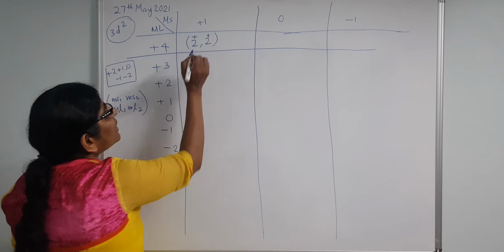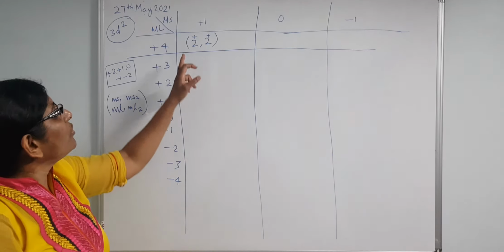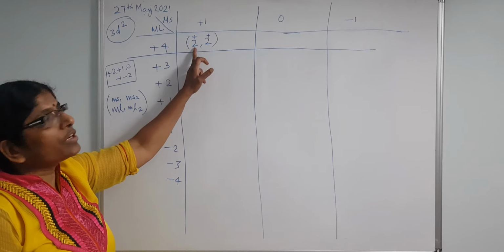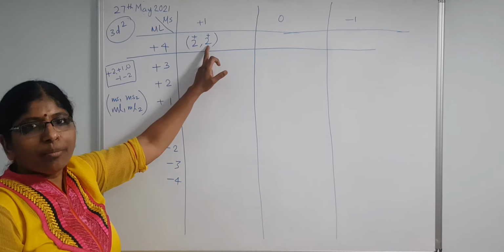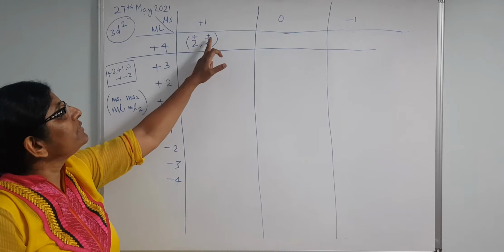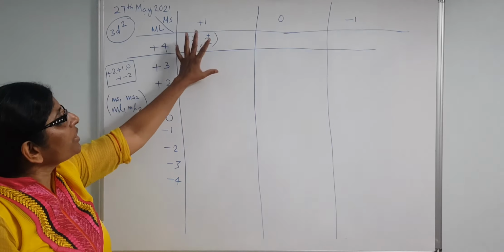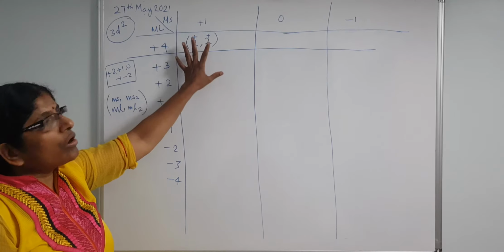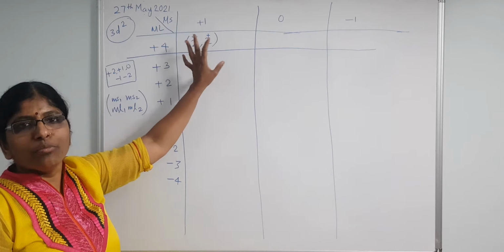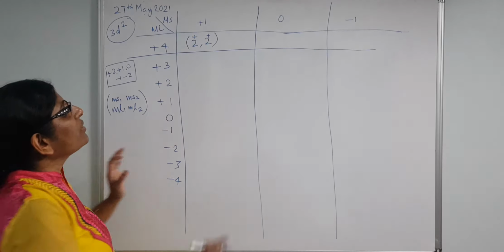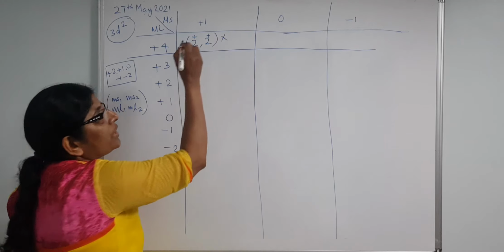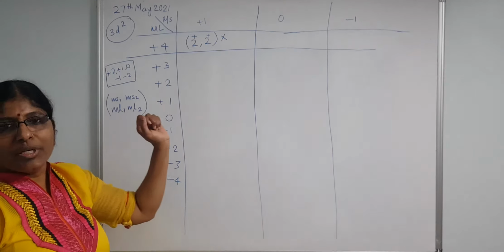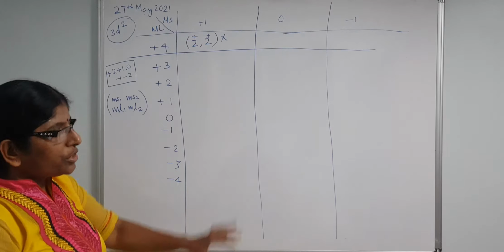But as you know from earlier microstate tables, for both electrons all 4 quantum number values are the same here: the first electron's Ml and Ms, and the second electron's Ml and Ms. So this microstate is not allowed. Is there any other possibility? No. In this block there is no possibility.